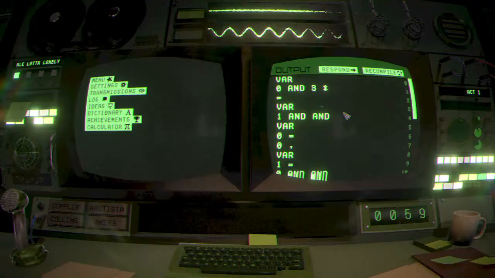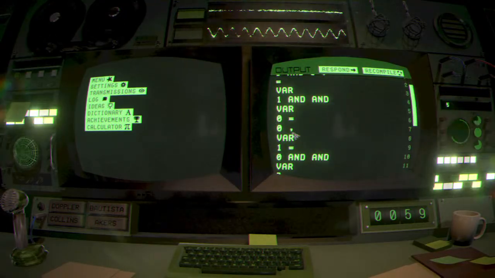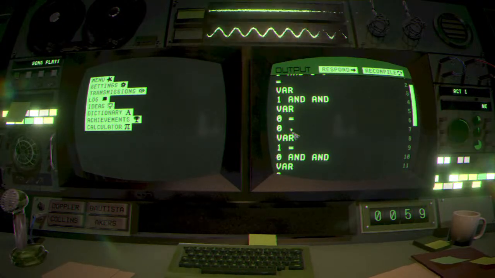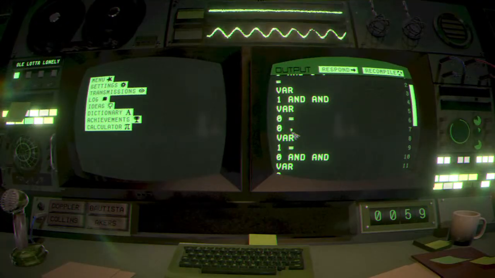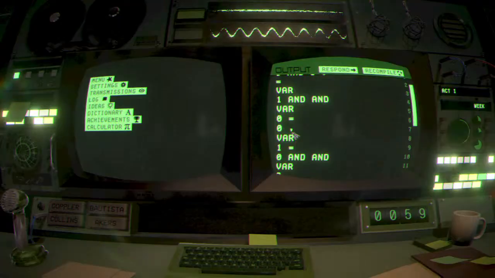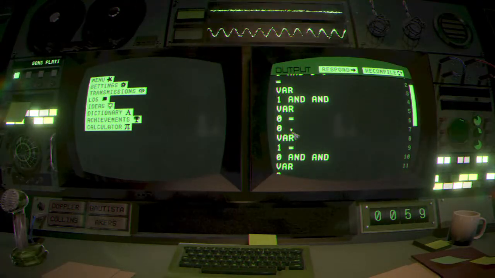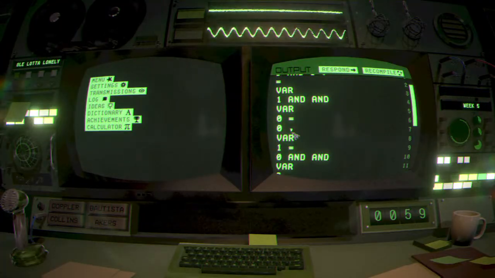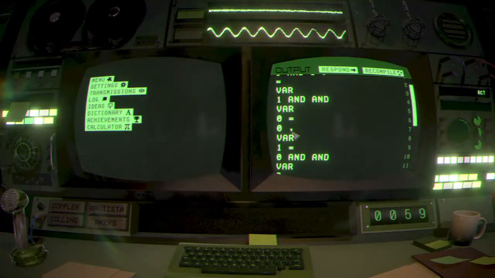Variable 0 is equal to... Ooh, I don't really understand the comma thing. It's related to grouping, but I didn't really understand the grouping thing. Okay, variable 0 equals 0, comma, variable 1 equals 0. I don't get it.